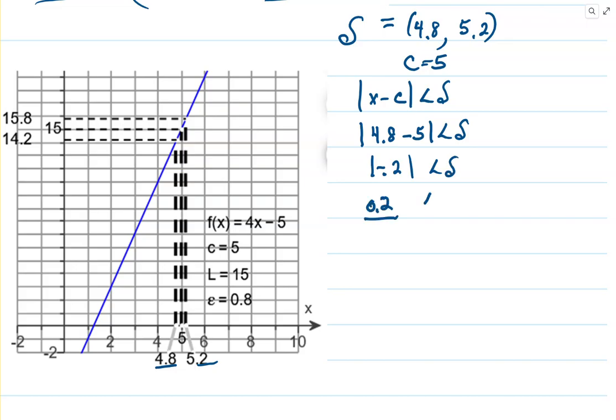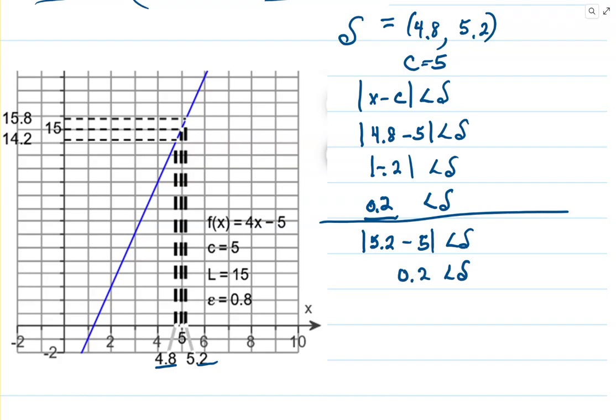Right. All right, that's one of them. So now let's see what the other one is. So on the other one, I have 5 2/10 for x, and I'm taking away my c. And in this case, they're what? Identical. So it is the same. So the largest delta is 2/10.